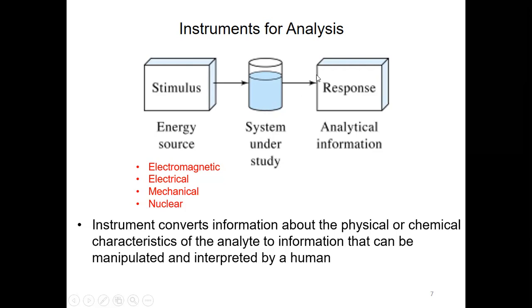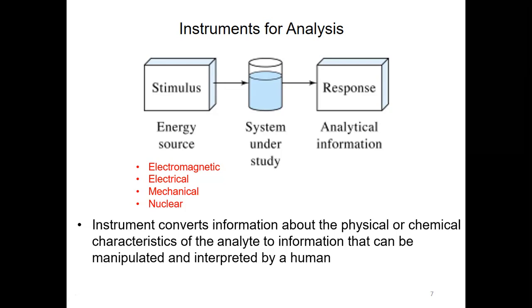So what is happening here is that the instrument converts the physical or chemical characteristic of the analyte into information that is measurable or understandable by humans. Let's say we have some colored compound, and by just looking at this compound, we cannot determine the concentration.